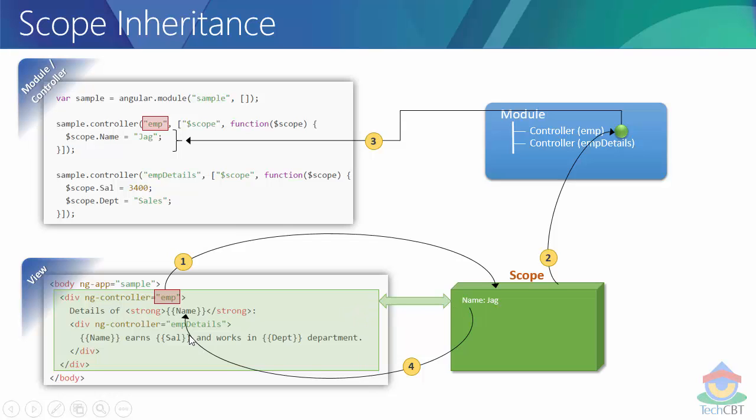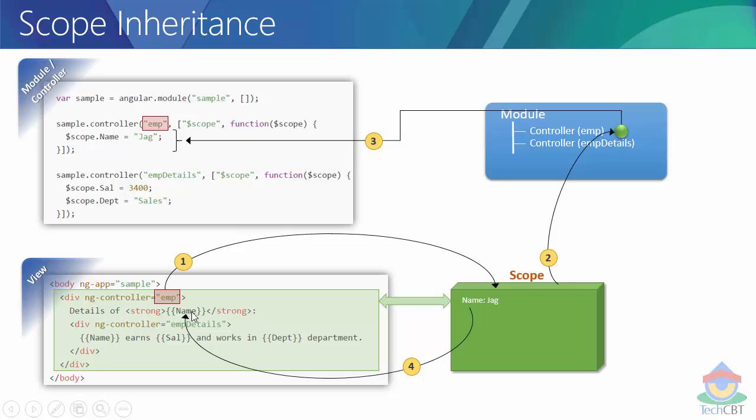So in this case you can say name, and whenever AngularJS finds this evaluation expression, it tries to find this property name as part of the same context object, which is nothing but the scope here. As we have name, it gets the value jag and directly replaces it once the evaluation has been done.